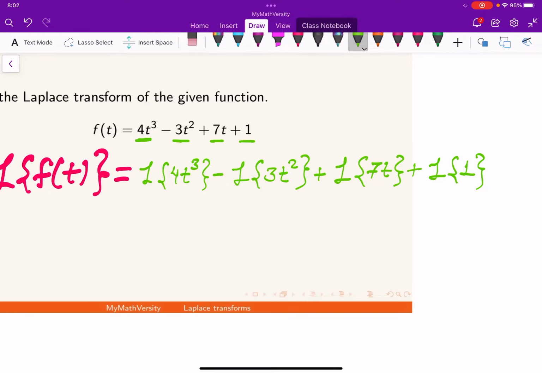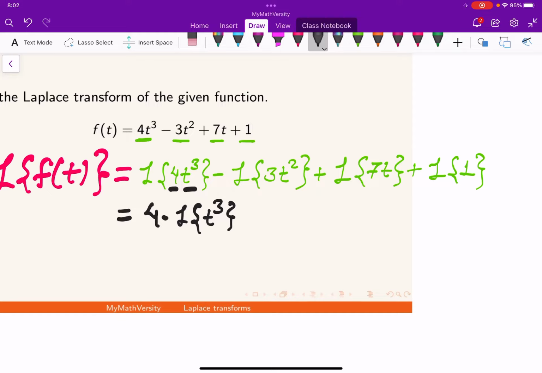How do we figure out the Laplace transform of 4t^3? 4 is a constant multiplied by t^3. To find the Laplace transform of this, we can just take the 4 out and multiply it with the Laplace transform of t^3. That holds for each and every other term.